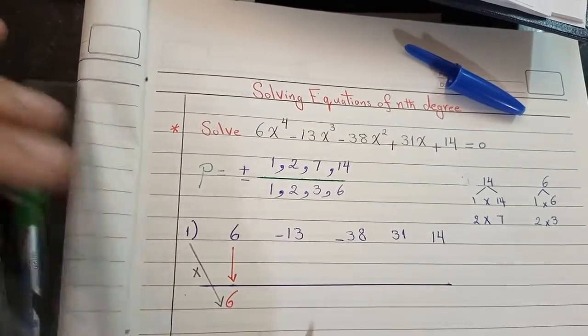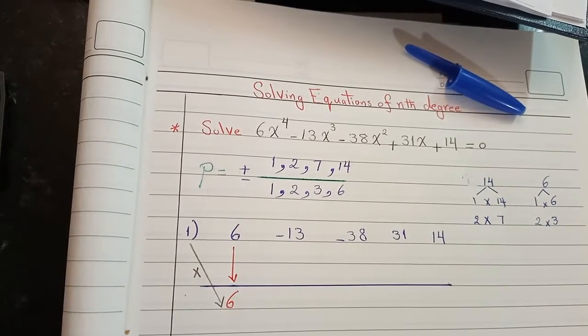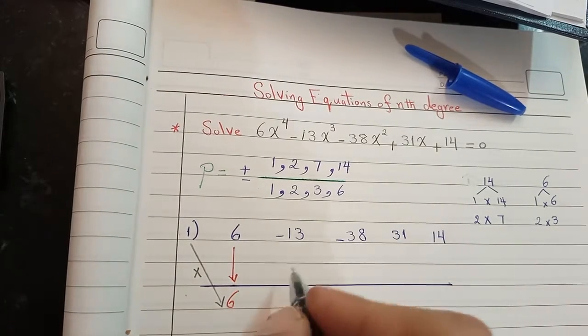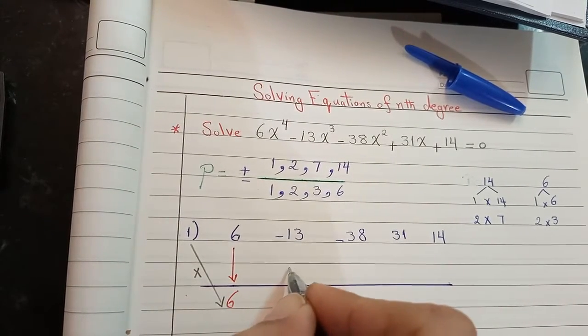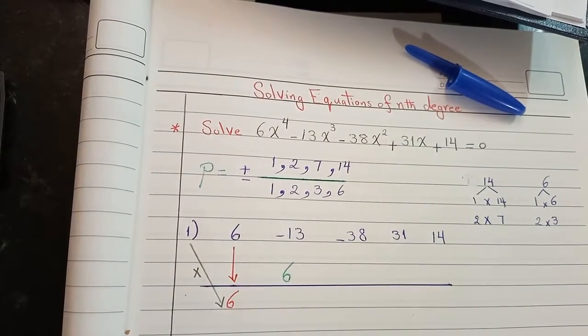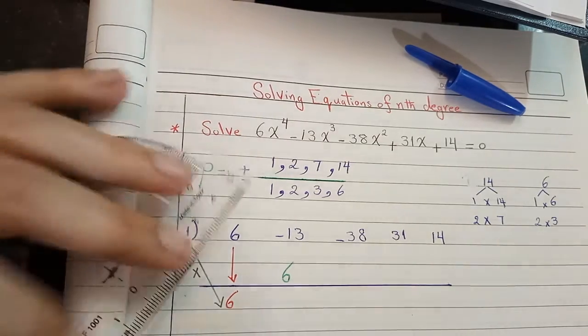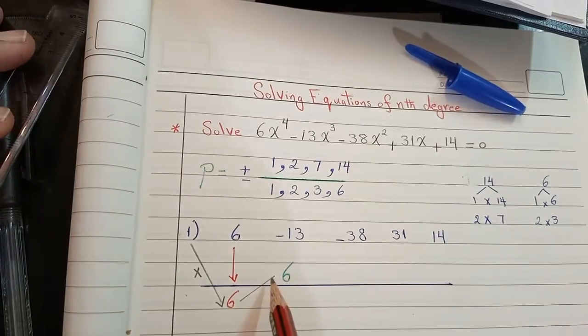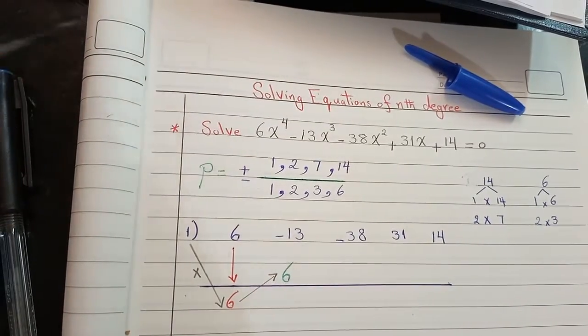Down here, under the negative 13. So 1 times 6 is 6, and I'm gonna write 6 here. I'm gonna write an arrow, just to show you where to put the result of multiplication.